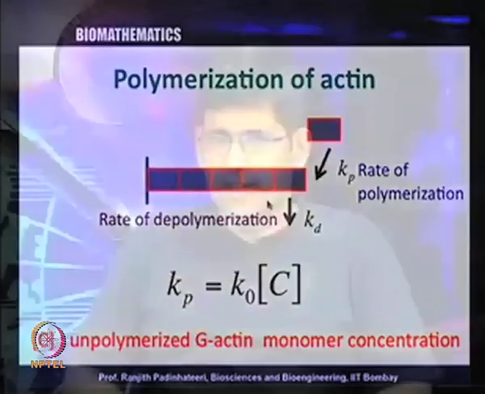Kp is the rate with which the filaments polymerize. The monomers just keep joining together and becoming a longer and longer filament. And Kd is the rate of depolymerization. The monomers depolymerize and come off.